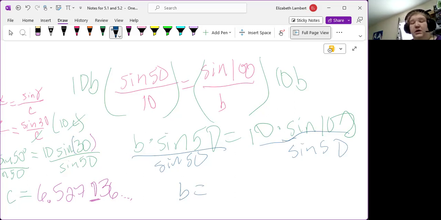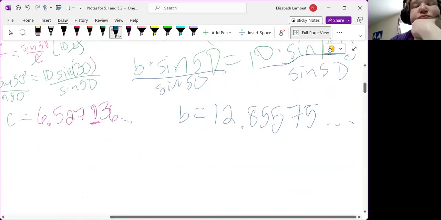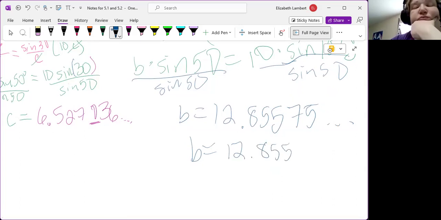So I have 10 sine 100, close, divided by sine of 50, close. So I have b equals 12.85575, and so on. Whoop, we're rounding, so that actually becomes an 8.